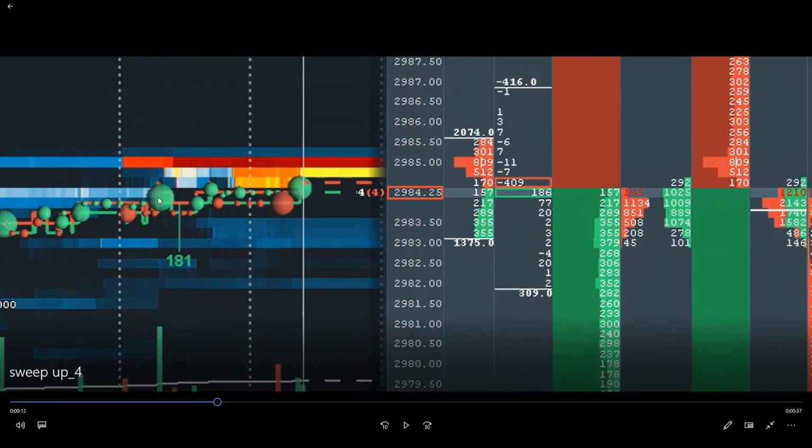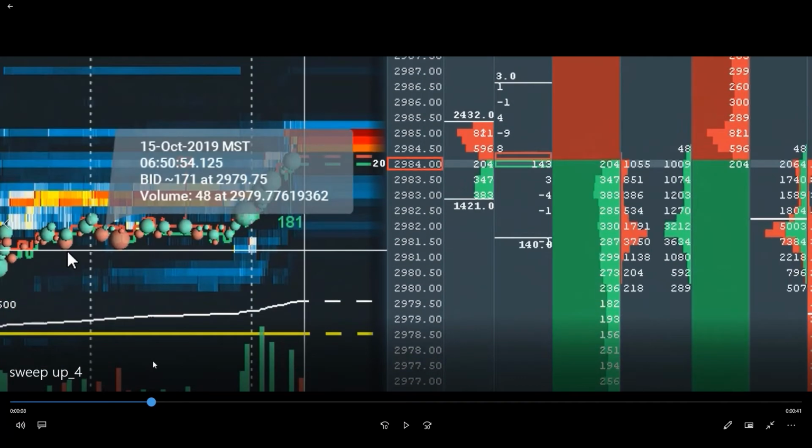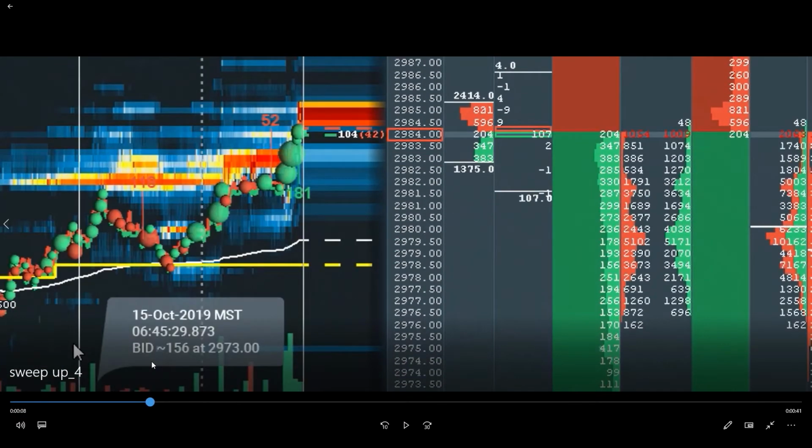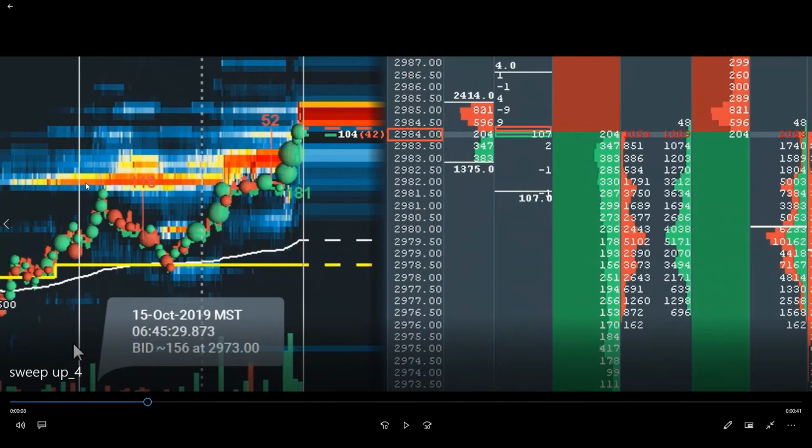They got some volume. This was an uptrend day, as you can see over here. Very nice big uptrend day, and like I was saying before, liquidity is on the ask, trying to fade this trend.